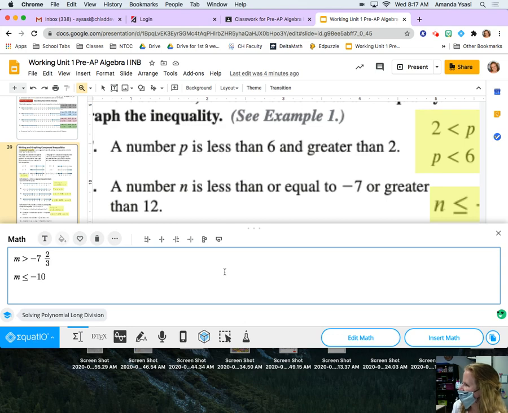And what kind is this? Is it an and or an or? Or. If I can pull this back up here. No, I can't.